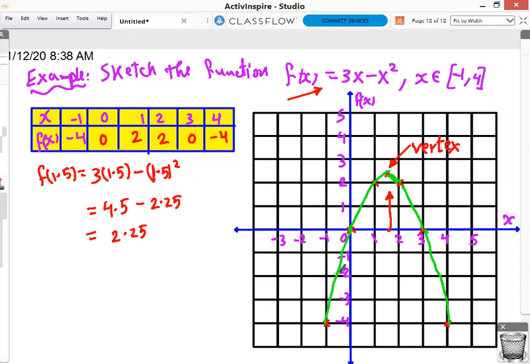Now it's open upwards or downwards? Why? According to the value beside x squared. I told you a. What is the value of a here?